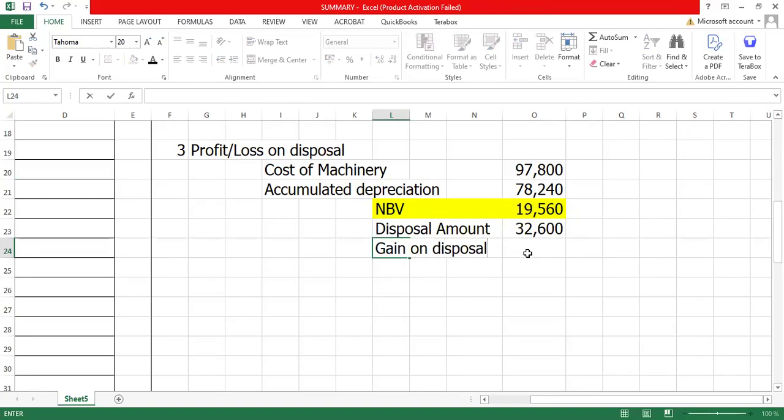Very, very key, colleagues, when you're handling cash flow. Whenever you see that you have an asset that was disposed of or sold, you need to do the working to see whether you have a loss on disposal or a gain. Because a gain or a loss on disposal doesn't show cash movement. There is no cash movement here.